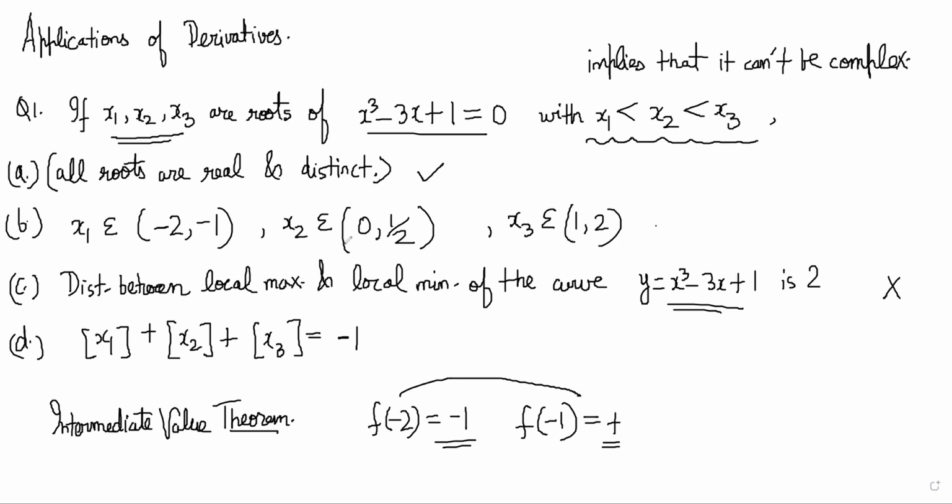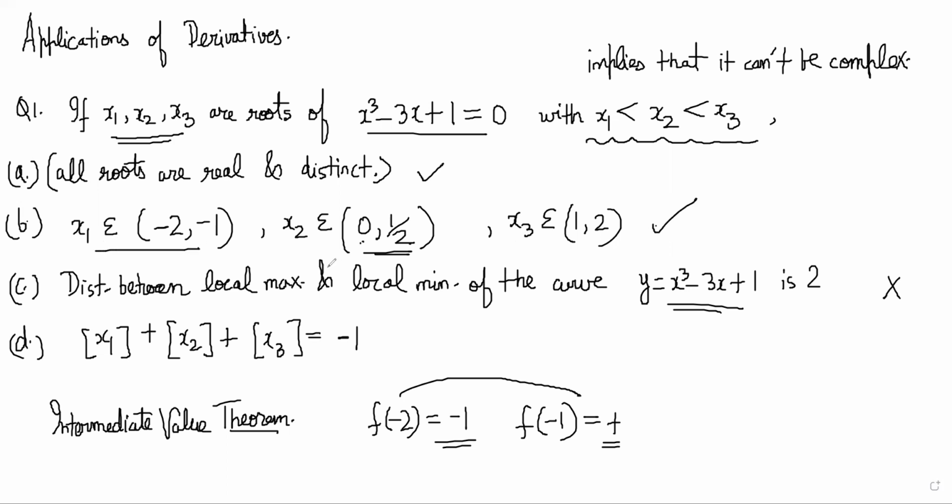So you can just check by checking the values here. If they have opposite signs, right? Then there is a root in that interval, right? So just by that we can confirm B option. So it turns out that B is right.